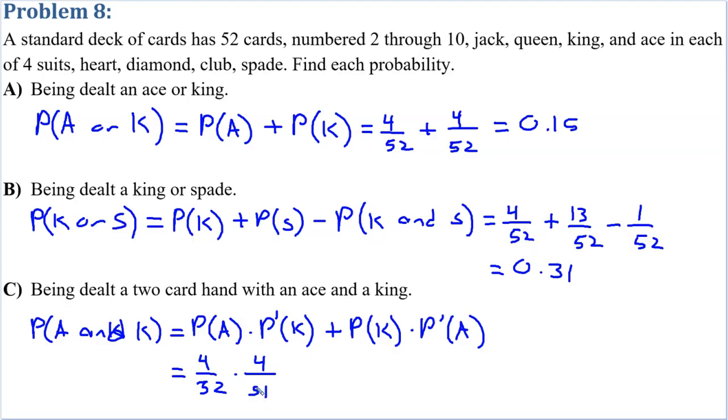Again, if I'm holding on to an ace, I'll have to take one of the cards away from the deck. Plus same thing for a king first, that'd be 4 out of 52 times 4 out of 51. And when I multiply that through on my calculator, I end up with 0.01. So in other words, 1% of the time, we'll get an ace and a king.